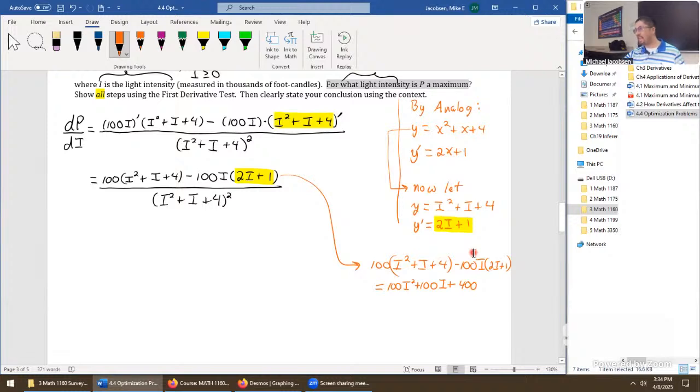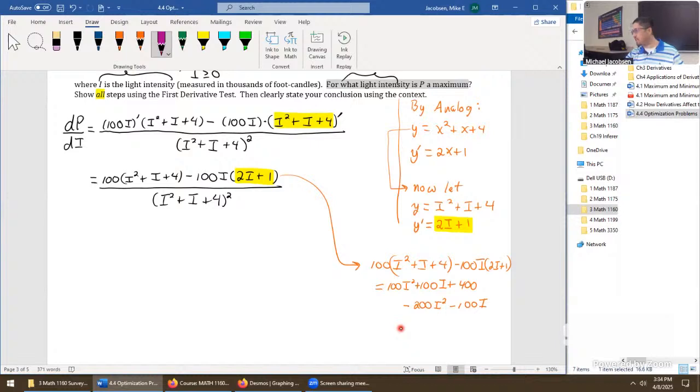Let's distribute this negative 100i into 2i plus 1. Here to here is going to be minus 200, i by i is i squared. And then here to here, a little bit easier, is just 1 minus 100i. So that's distributing everything through in the numerator.